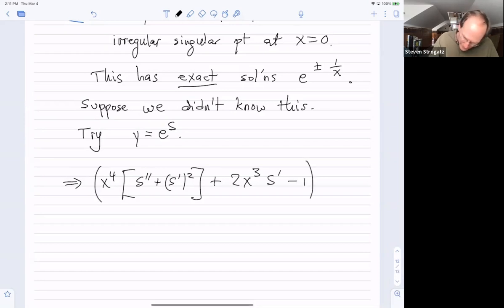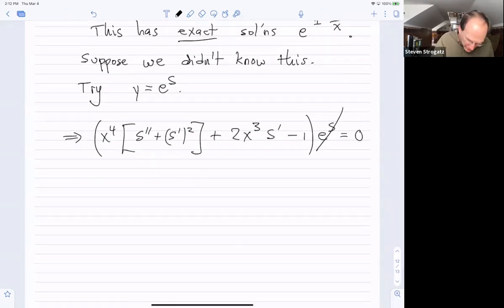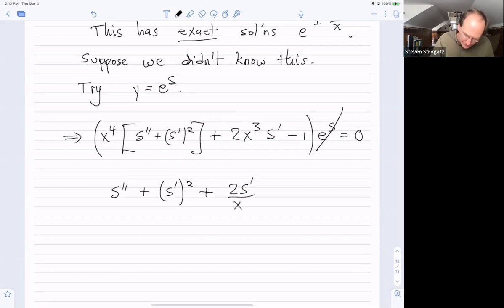The whole thing would be times e to the s, and that would equal 0. And of course, e to the s is never 0, so I can cancel that out. And so I'm left with just trying to understand this equation for s double prime plus s prime squared plus 2s prime over x minus 1 over x to the fourth equals 0.